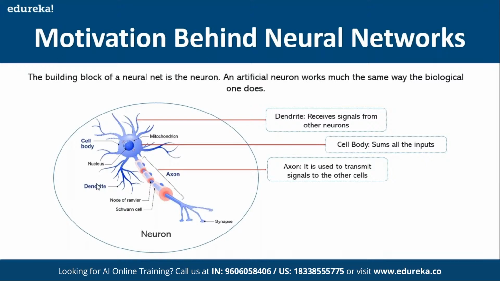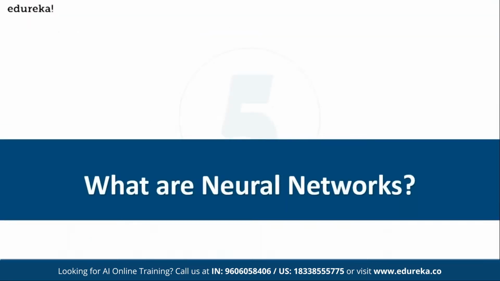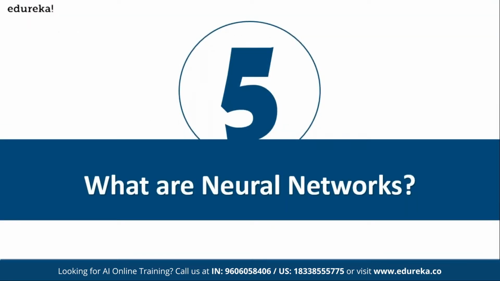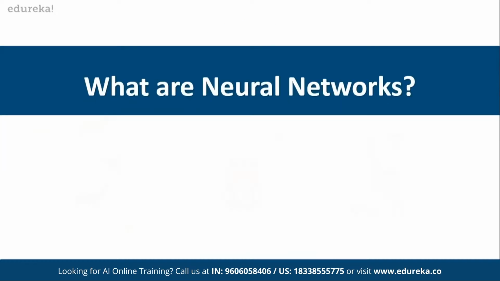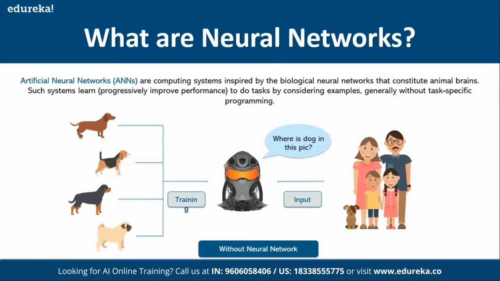Then you have the cell body, the area which sums up all the inputs. Then you have the axon, used to transmit signals to other cells. So this neuron became a motivational factor to create artificially enabled neurons. A combination of such neurons becomes a neural network.